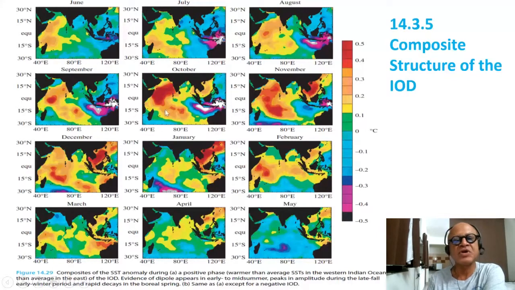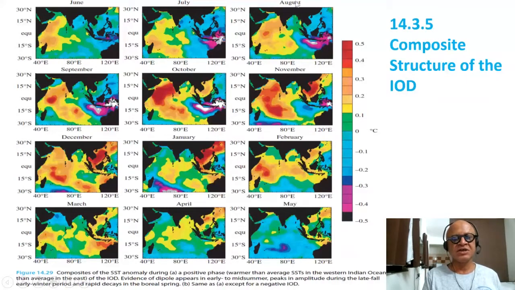August, September, and then October, November, you can see that the cooling has peaked and disappeared. The warming on this side begins to take off, and then by December you have essentially a basin-wide warming, and then that dissipates into next May.